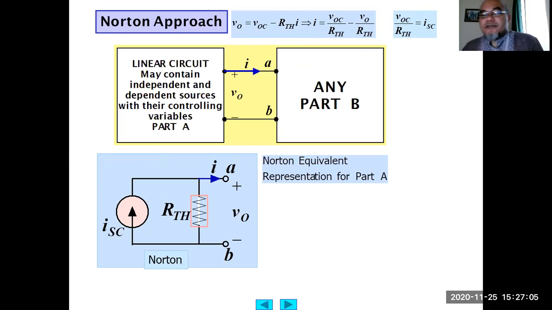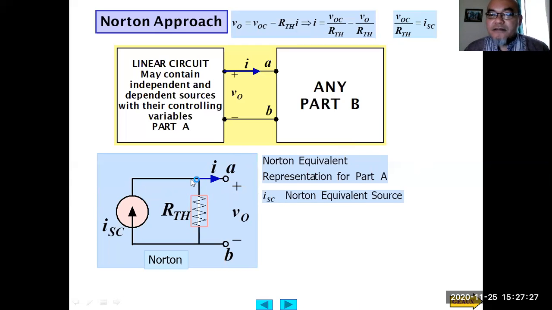The short circuit current, or the Norton equivalent current source, is obtained by dividing the open circuit voltage source, or the Thevenin voltage source, by the Thevenin equivalent resistance, or the Norton equivalent resistance. So ISC is the Norton equivalent source, RTH is the Thevenin or Norton equivalent resistance. They are the same value.